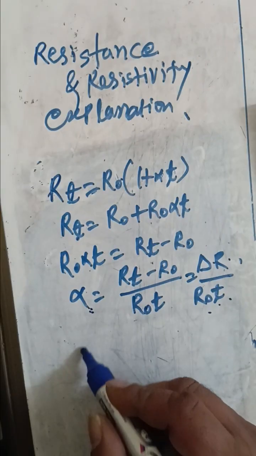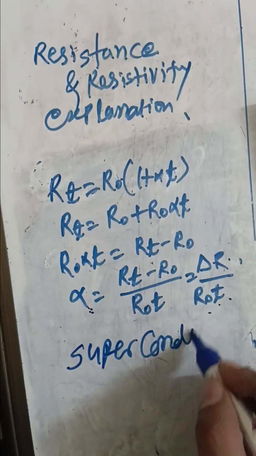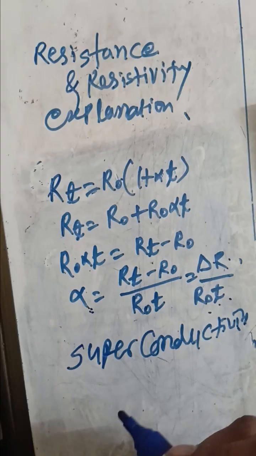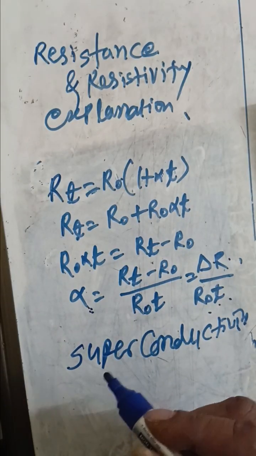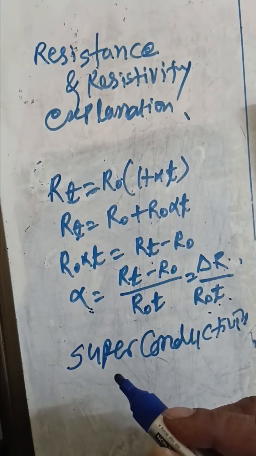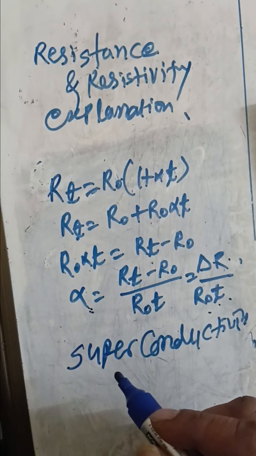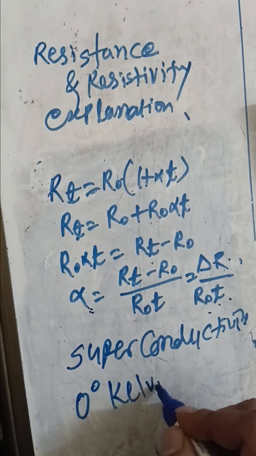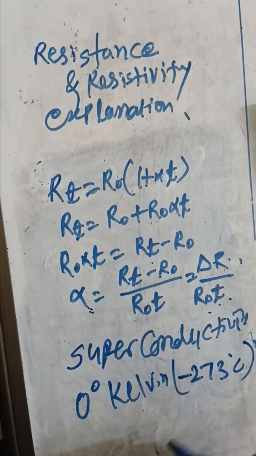Now we take superconductivity. There are some metals and chemical compounds whose resistivity becomes zero when their temperature is brought near 0 Kelvin, that is minus 273 degrees Celsius.